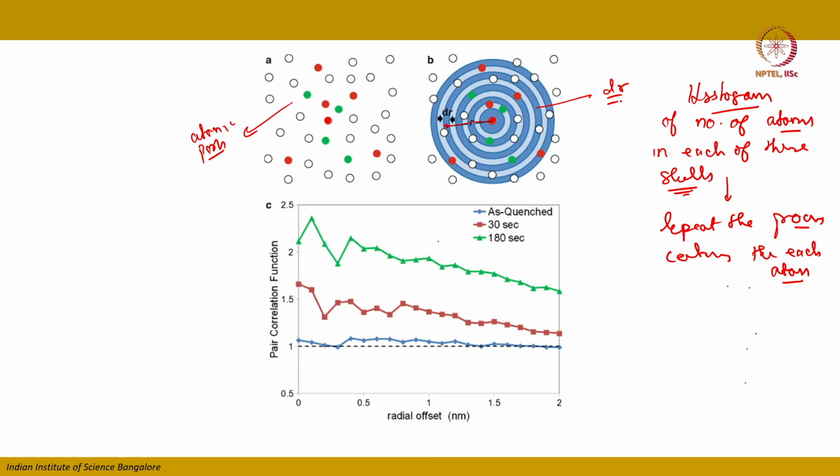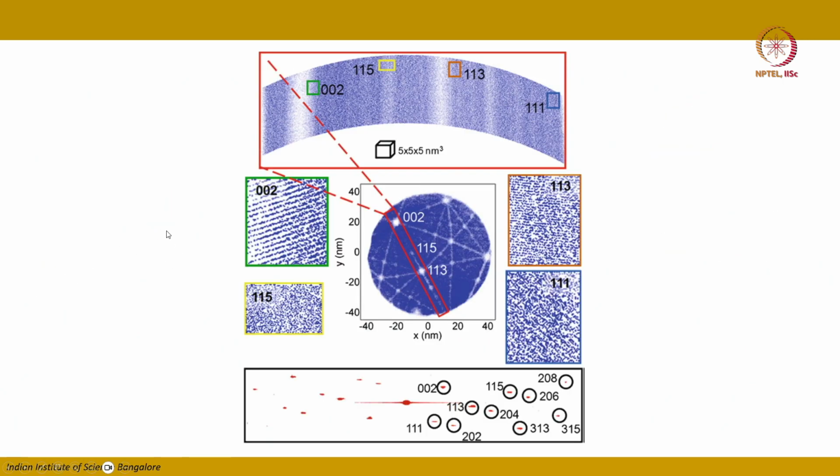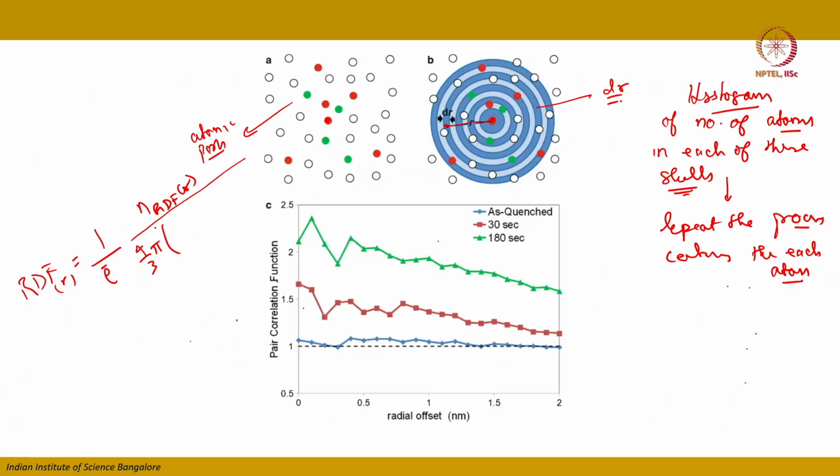So what we call the RDF is given by 1 by rho, N_RDF(r), divided by 4 by 3 pi, (r plus delta r by 2) cube minus (r minus delta r by 2) cube.